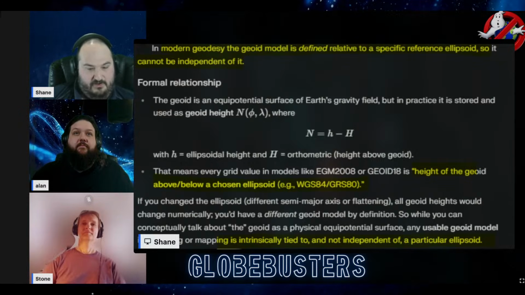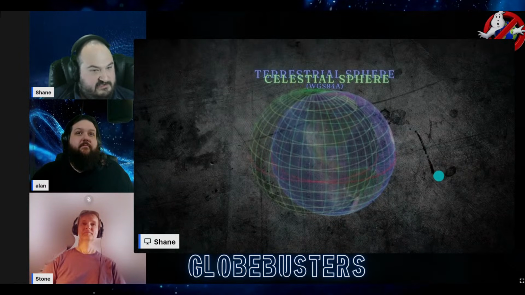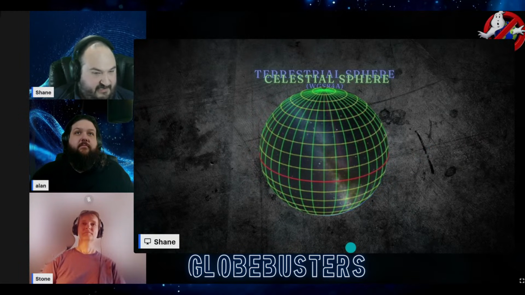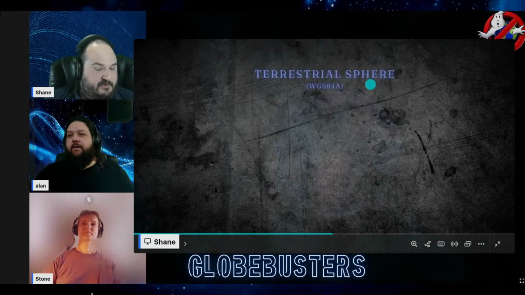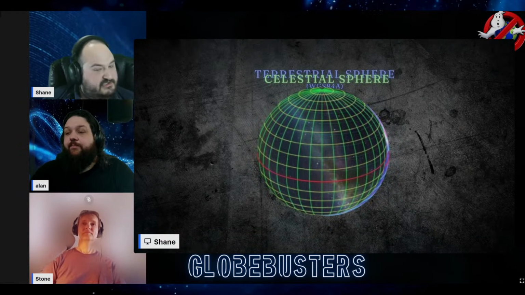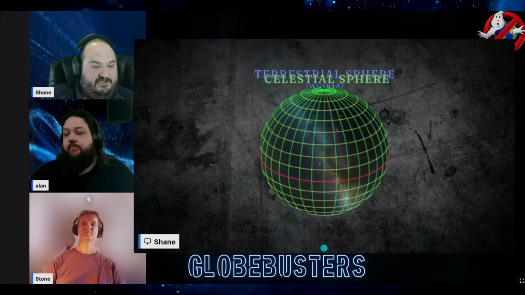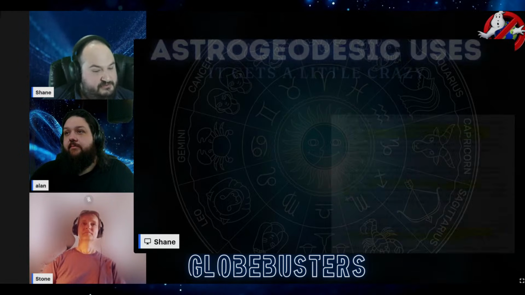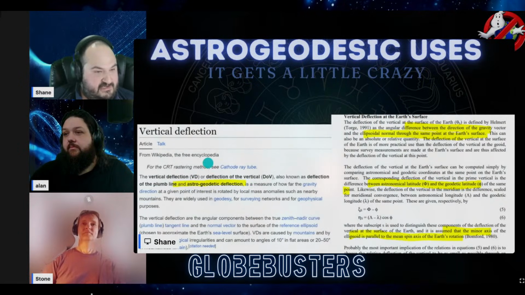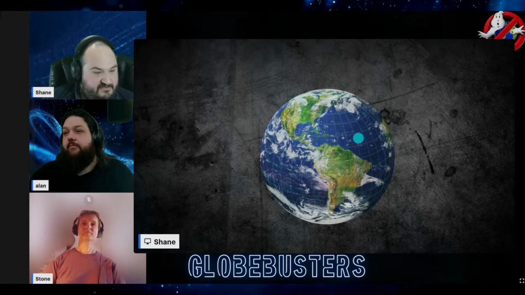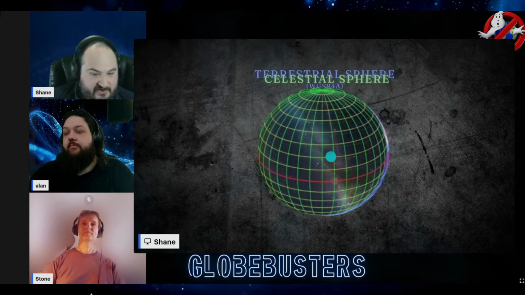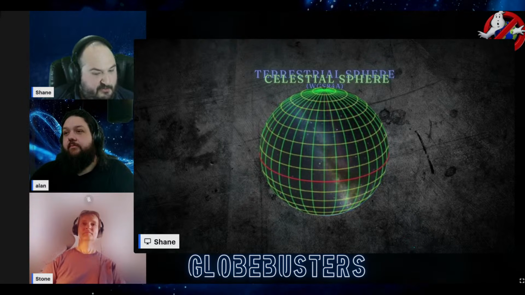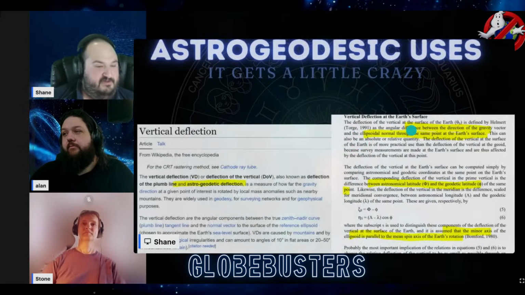Now, in our previous presentation, we were putting the celestial and terrestrial sphere models together, and that was the argument to create the globe Earth, which was the combination of two abstract coordinate systems. And using the celestial and terrestrial sphere combination, you get an introduction of an astrogeodetic deflection, also known as deflection of the vertical, meaning when you're taking a point on either of these grids and you're forcing these grids together, so you overlay one over the other, any deviation from that point within these grids gets qualified as the deflection of the vertical.